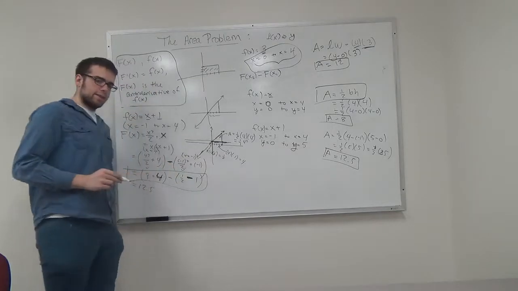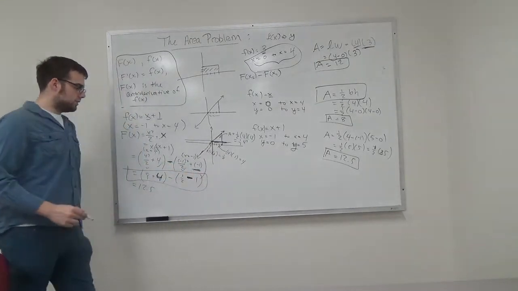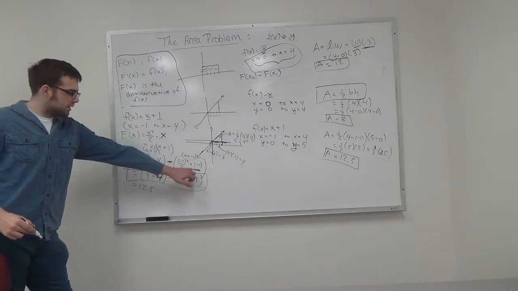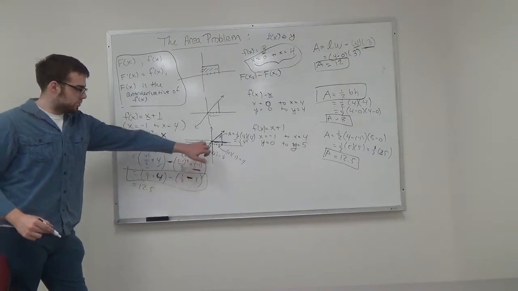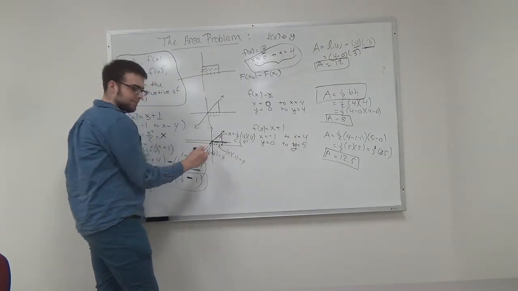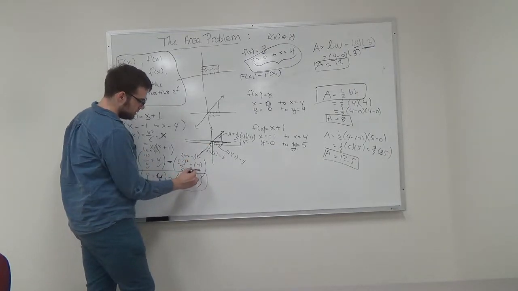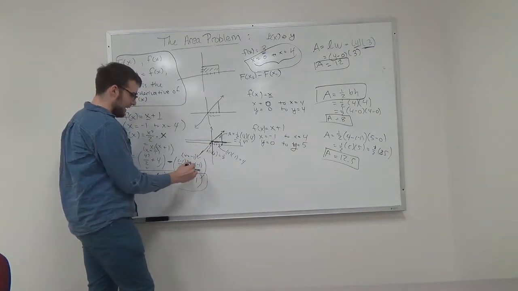However, here we're subtracting, so we have to add some value here to make sure that we're actually adding this area. So we're actually going to be adding -1.